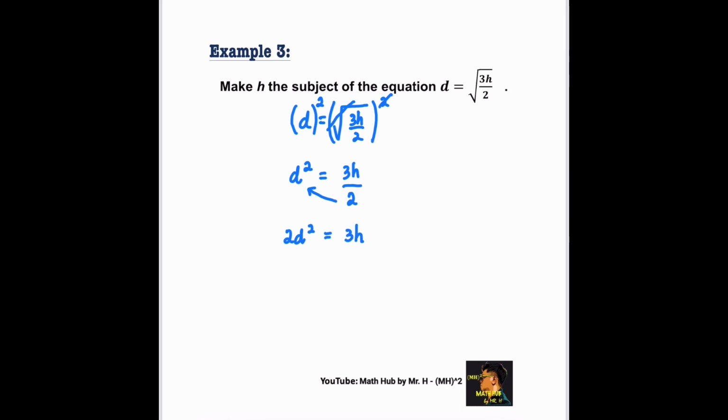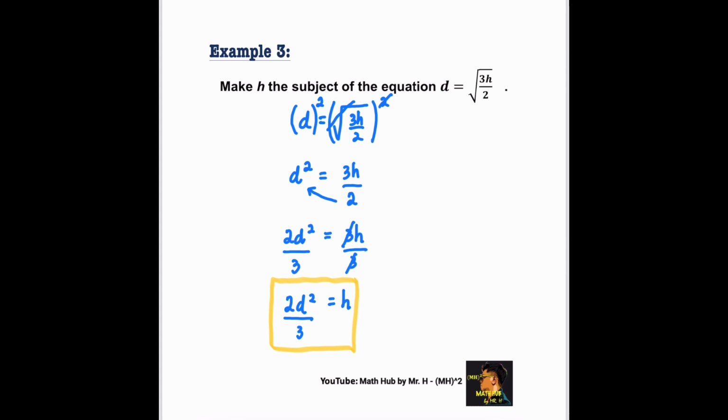And since we need to make h the subject of the equation, from here we need to divide both sides by 3. 3 divided by 3 is 1. 1h, or h, is equal to the whole thing right here on the left. So we just simply copy that. So 2d squared divided by 3, and that is the answer. It's also the same as h equals 2d squared divided by 3.